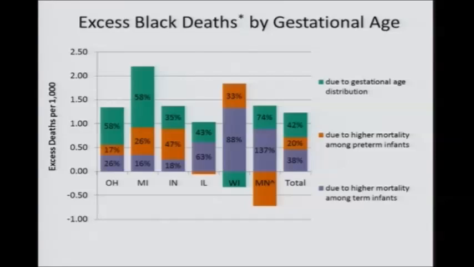So there was a large proportion due to higher prematurity. Some states, it looked like, may benefit from regionalization, like Ohio, Michigan, and Indiana, whereas Illinois and Minnesota seem to have lower infant mortality rates among preterm infants.